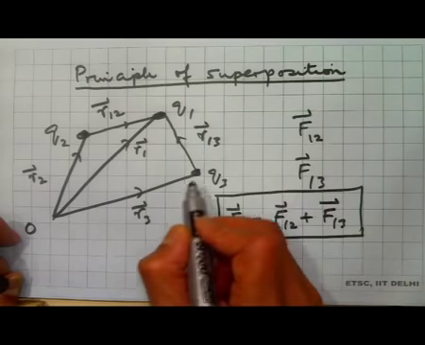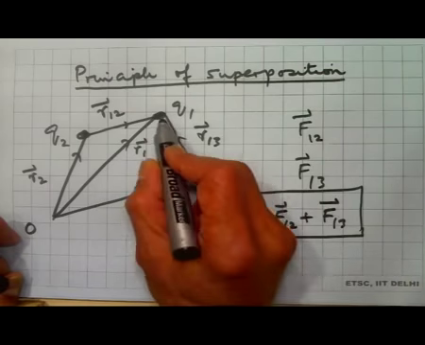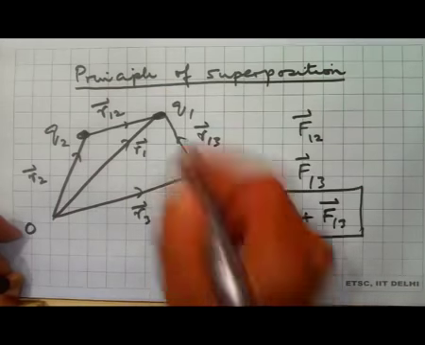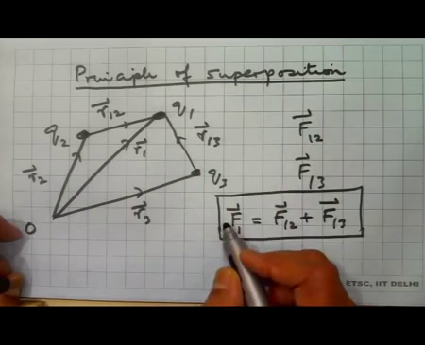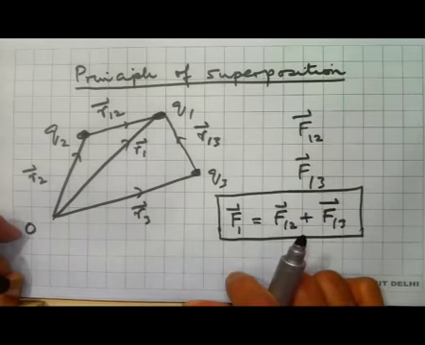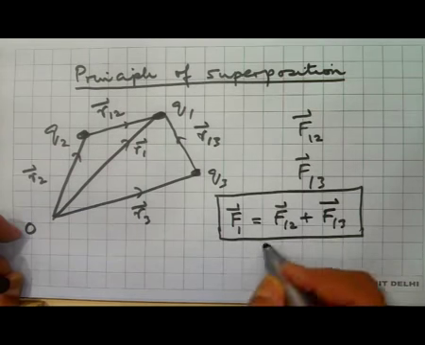Similarly, the force applied by Q3 on Q1 is the same as if Q2 did not exist. The total force on Q1 is the vector sum of the force of Q2 on Q1 and the force of Q3 on Q1. This is called the principle of superposition.